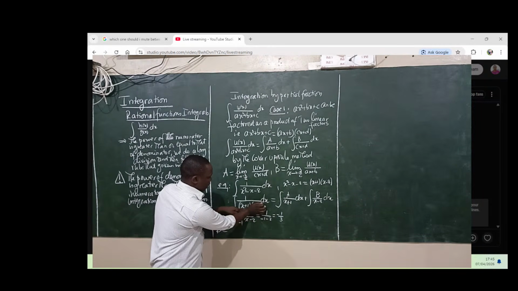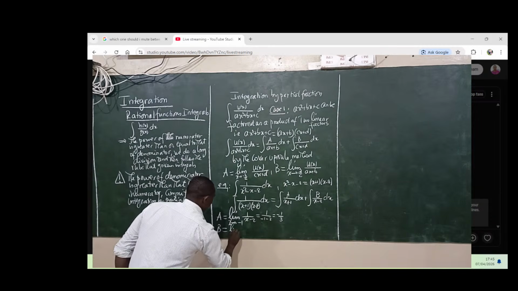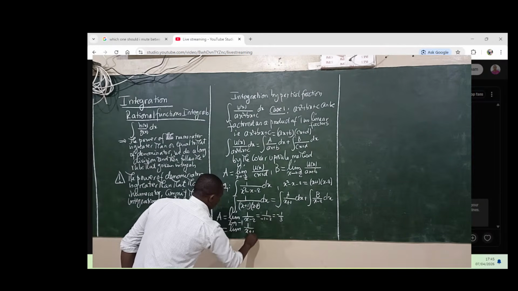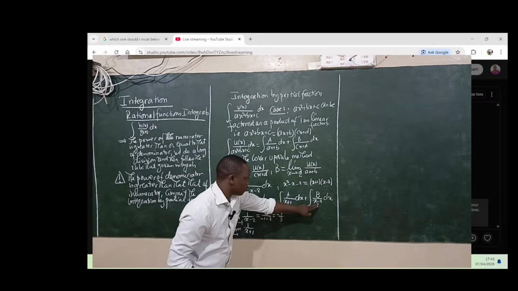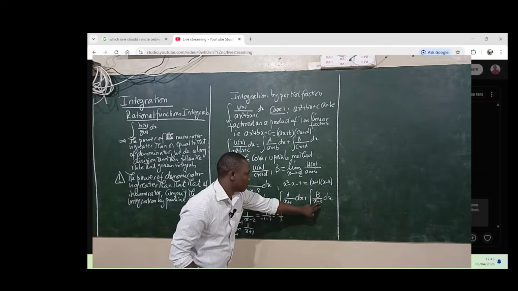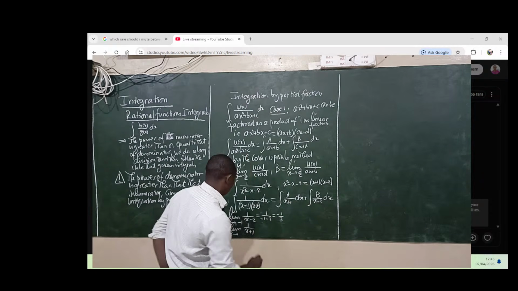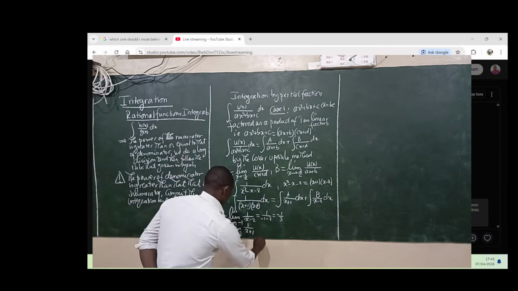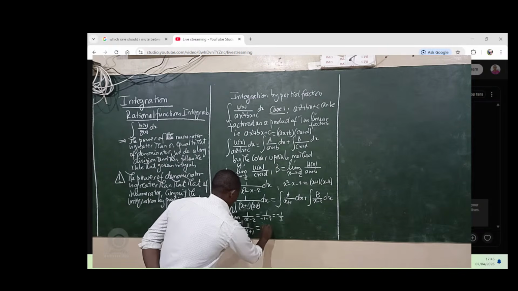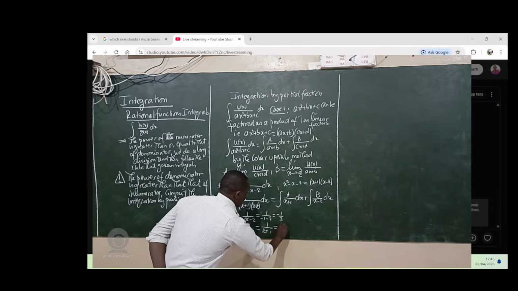That's why this is the limit of 1 by x plus 1, as x approaches, this was hidden, need to equate it to 0. X minus 2 equals 0, our x will be 2. That's why here x is approaching 2. This is 1 by 2 plus 1, and this is 1 over 3.